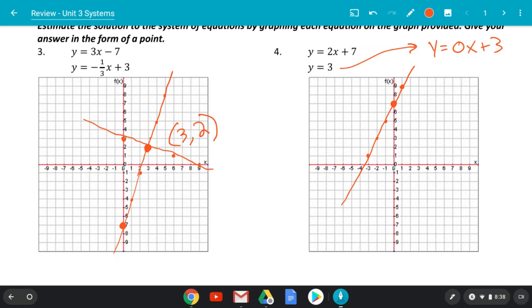So my y-intercept is 3, and my slope is 0, which means it's a flat horizontal line. So there's my point of intersection, which is the point (-2, 3). My mind said negative 2, my hand wrote negative 6. How does that happen? Any questions so far?